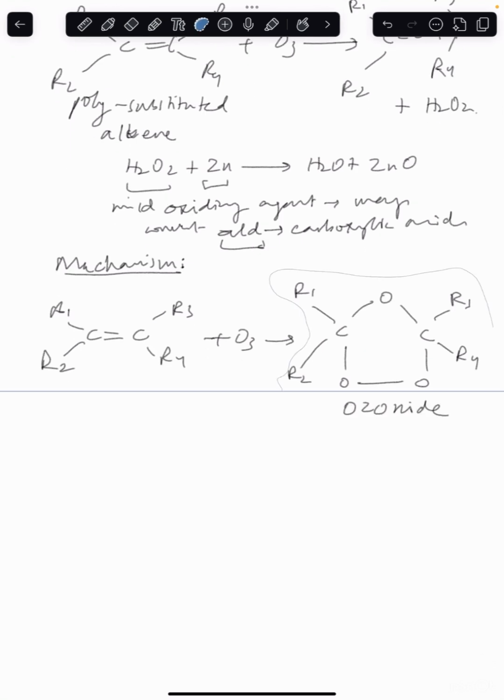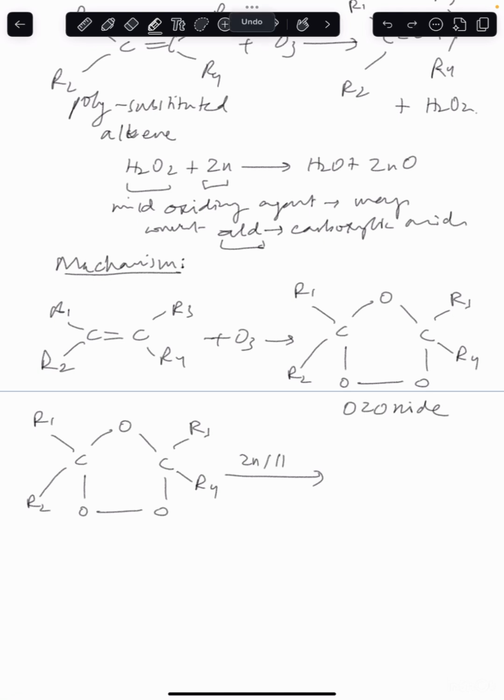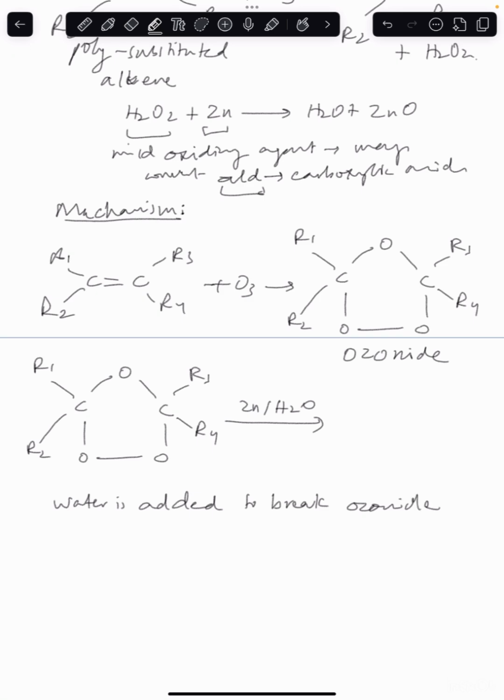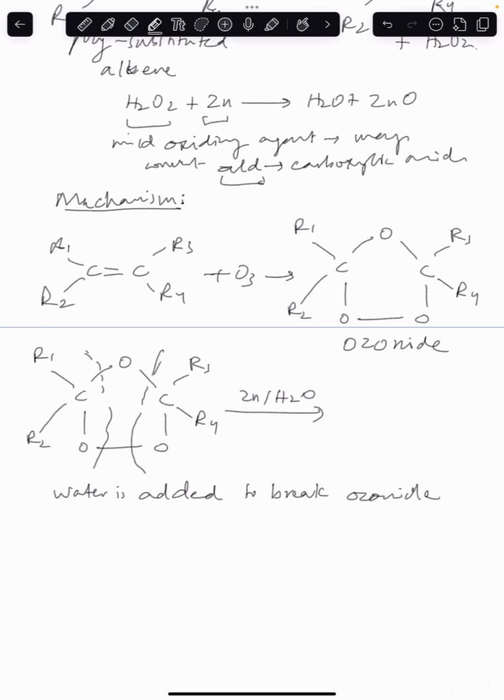Now, in the next step, this ozonide is going to react with Zn and H2O. This water is added to break ozonide. So what we'll do is we'll break this ozonide like this, and we'll break this ozonide like this.